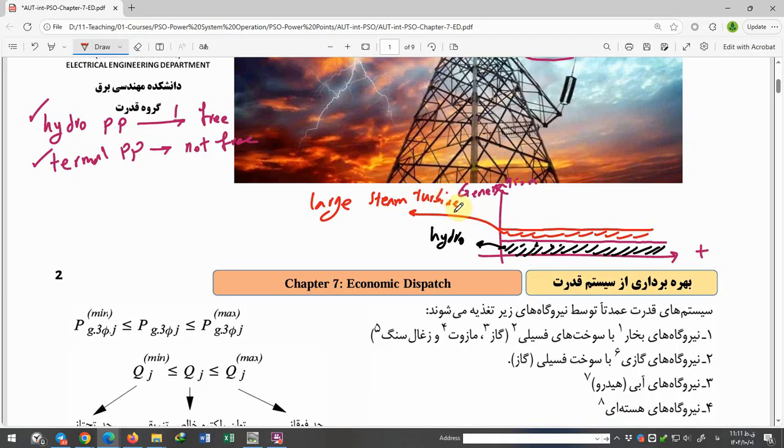Because of the mechanical construction of large steam turbine power plants, these kinds of power plants need to operate continuously without any interruption.